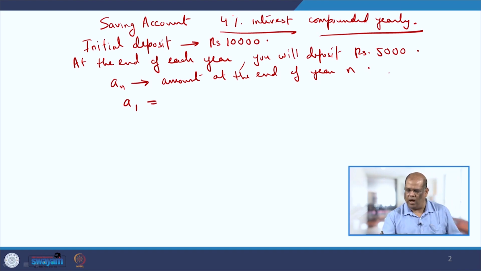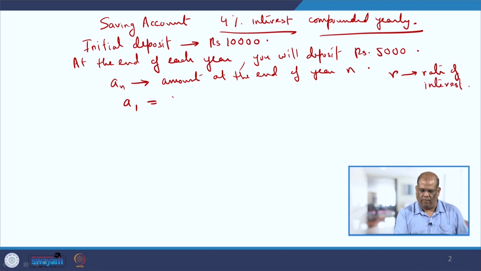If I take R to be my rate of interest, then I have my initial deposit A0, the interest is R multiplied by the initial deposit A0, and I get (1 plus R) A0.